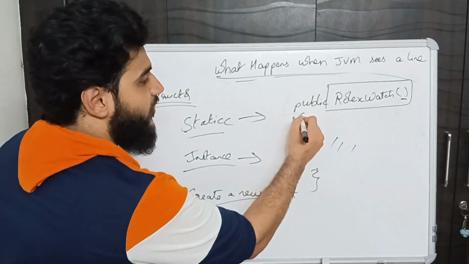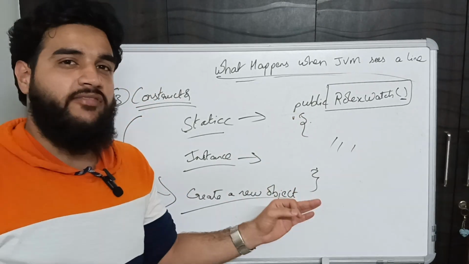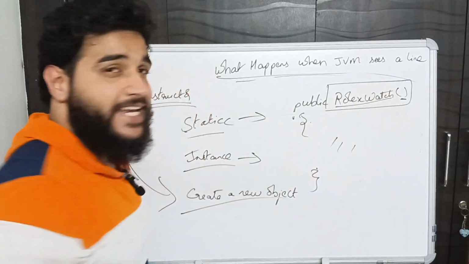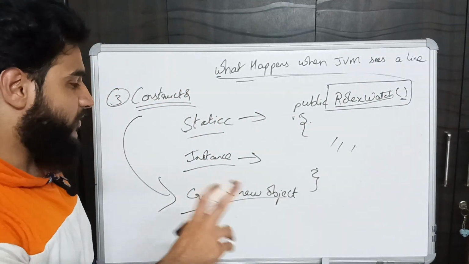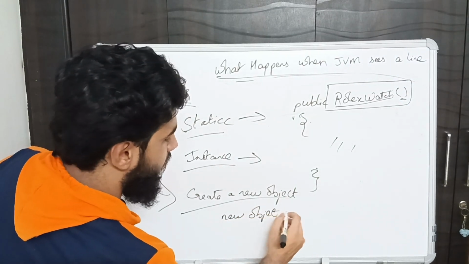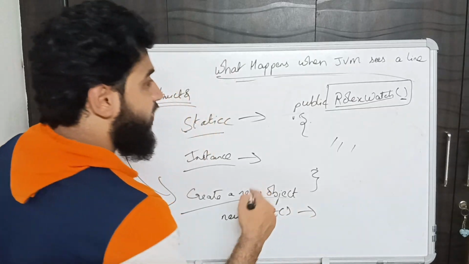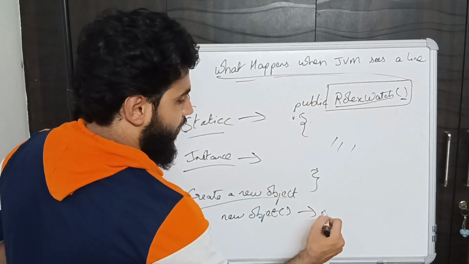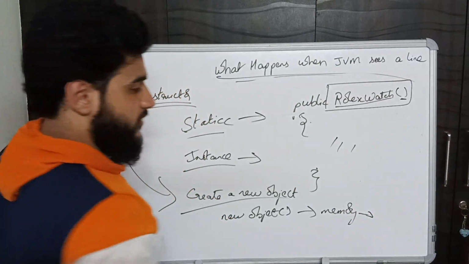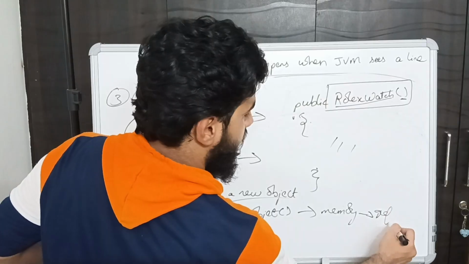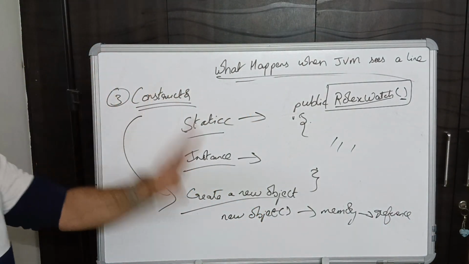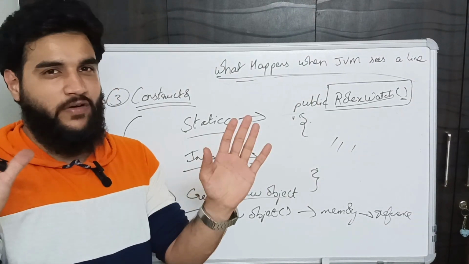This is the final call which will tell the JVM to create an object, an instance of this Rolex watch in memory. So whenever we created an object saying new object, then the JVM creates a Rolex watch in memory and it returns us the reference. This is basically what the constructor is in the simplest overview.